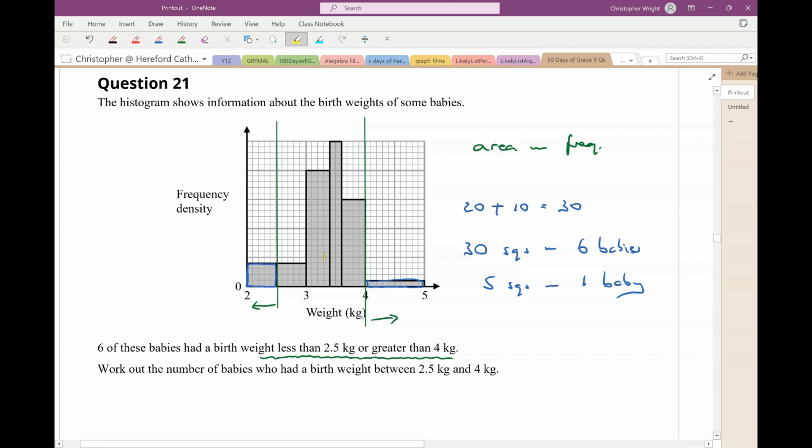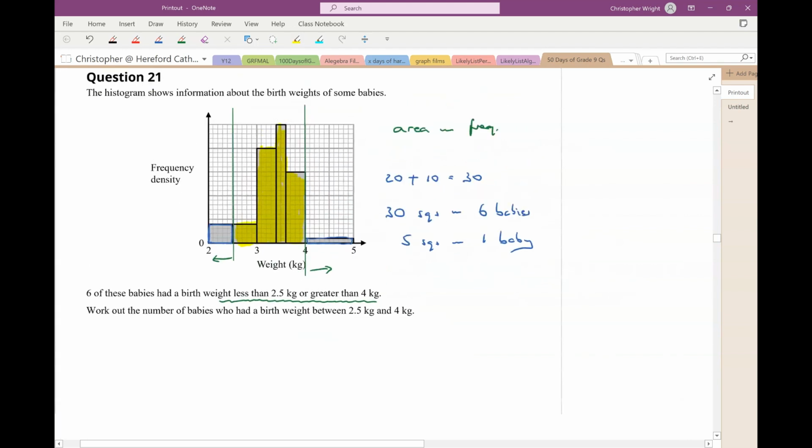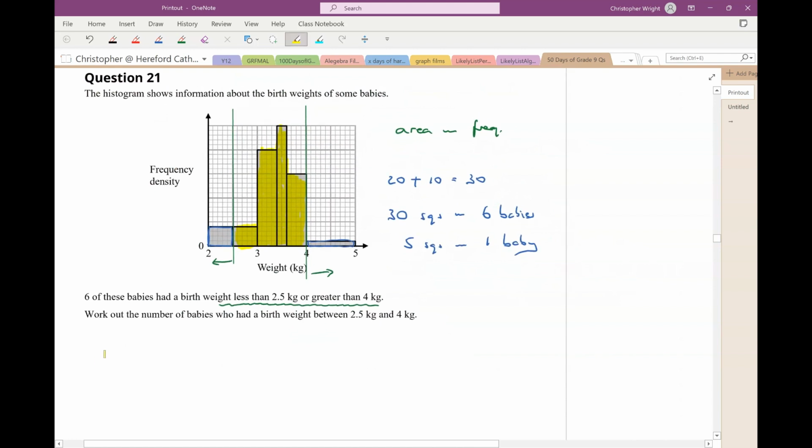So all I need to do now is to work out how many little squares there are in the yellow bars, and then I can work out how many babies they represent, because I know that 5 squares represents 1 baby. So let's have a look. This bar here measures 5 by 4, so that's 20 little squares.